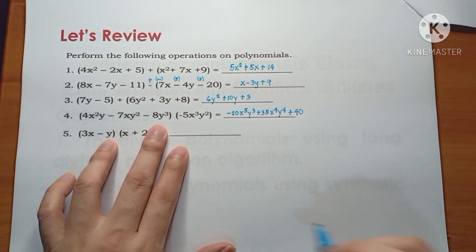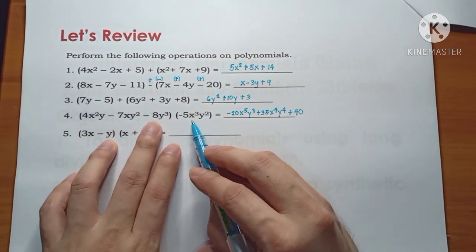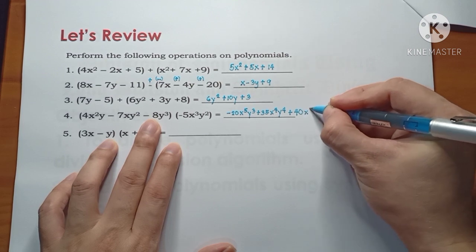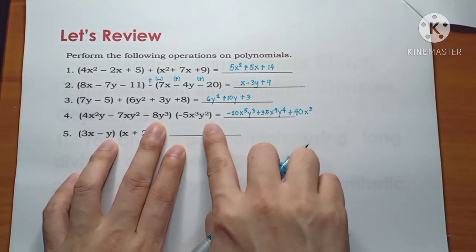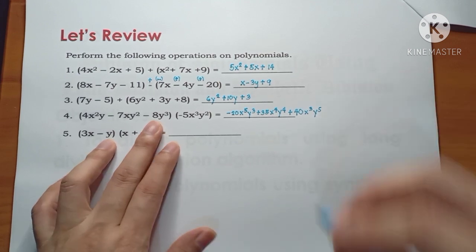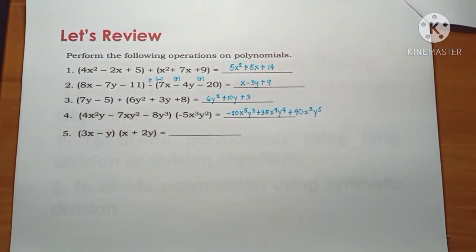And then, wala tayong kaparehong x dito, so copy x cubed. Then y cubed times y squared is y to the fifth. So our answer is negative 20 x to the fifth y cubed plus 35 x to the fourth y to the fourth plus 40 x cubed y to the fifth.